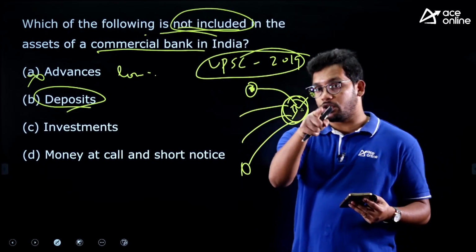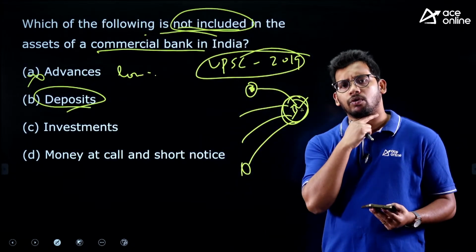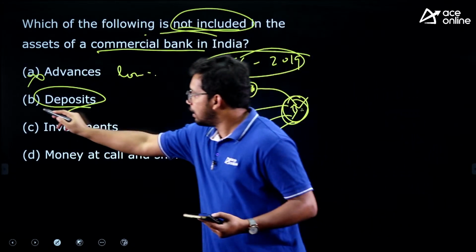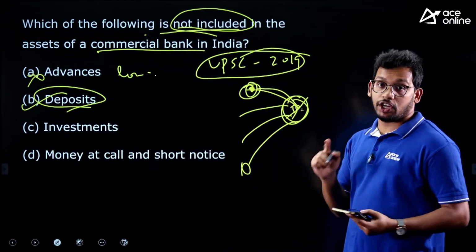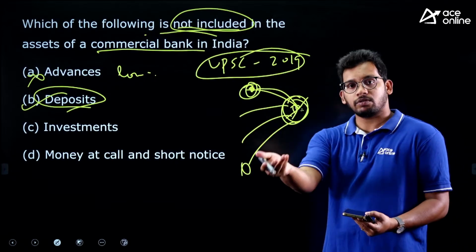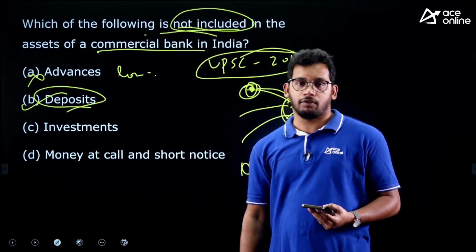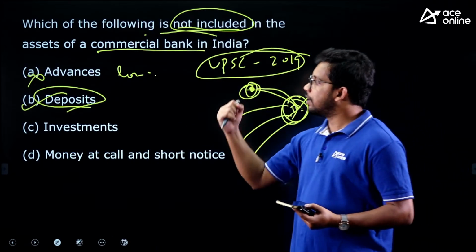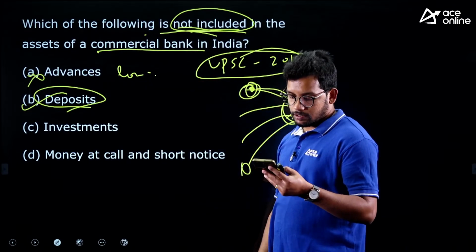Whatever amount you need to pay back to your friend is your liability. Whatever money is your own, that is an asset. So here deposits are liabilities, what the public put in the banks. They need to be paid back whenever they ask. You have saved 10,000 and if you go to an ATM and take money, they need to give it to you whenever you want. So it is nothing but a liability, right? So it is not part of the assets of the bank, right?